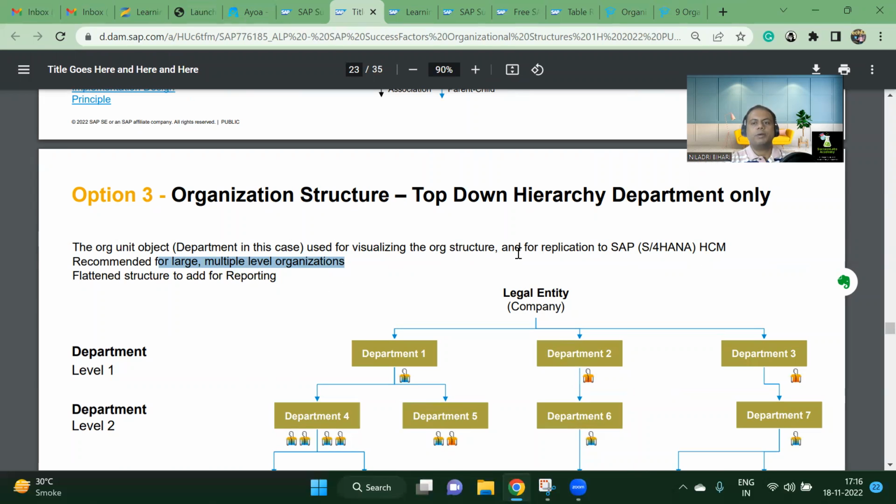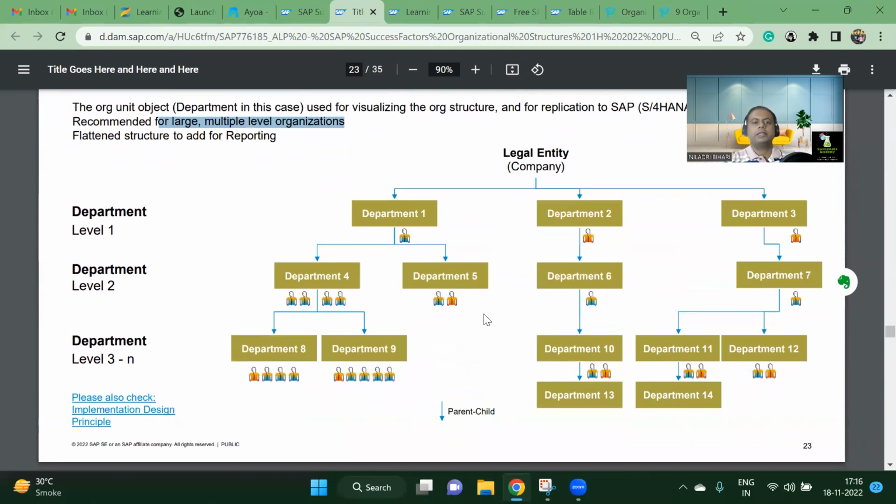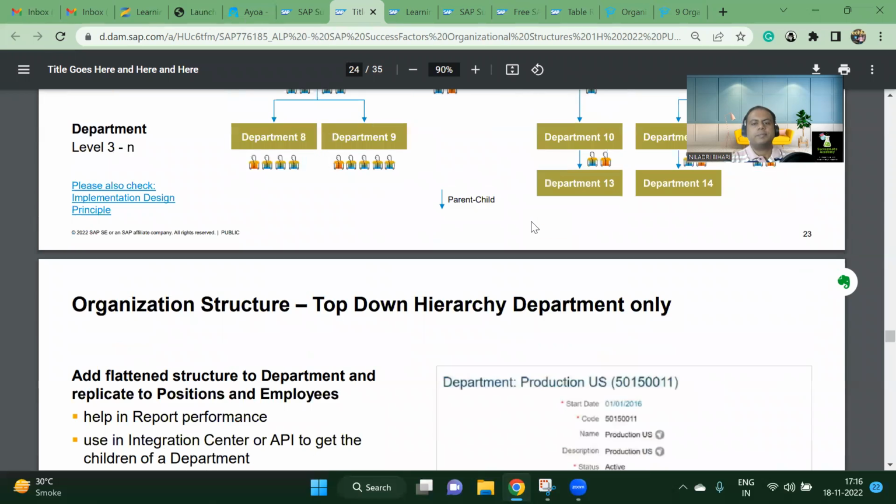Organization structure, top-down hierarchy, department only, so we have a department under a department. You can see legal entities at the top, then department 1, department 2, department 3, and then sub-departments reporting to these departments as well.